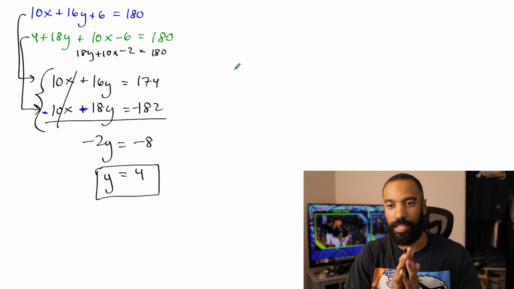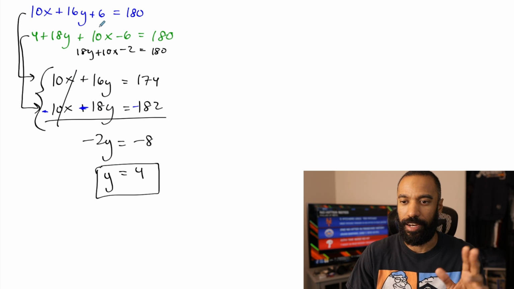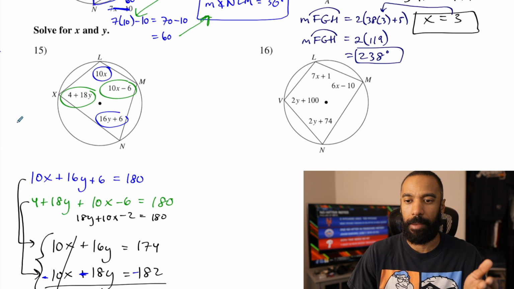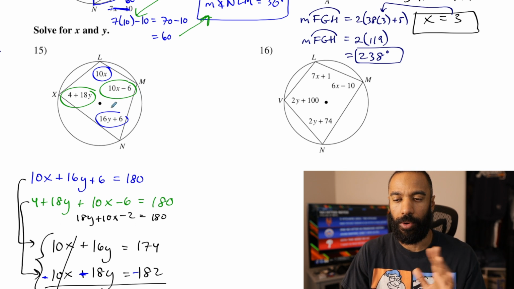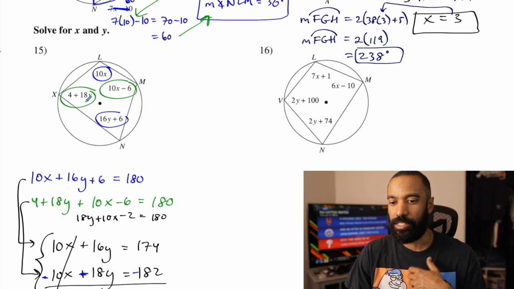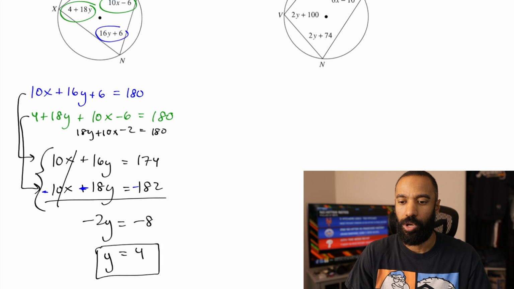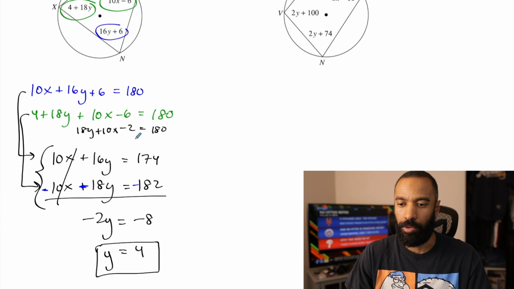Now I can take the y and substitute it into any of these equations to find x, or perhaps even an expression if I had some measures involved with it. Let's just use the supplementary one, say in blue right here. 10x plus 16y plus 6 is 180, or what was the one I rewrote right here?